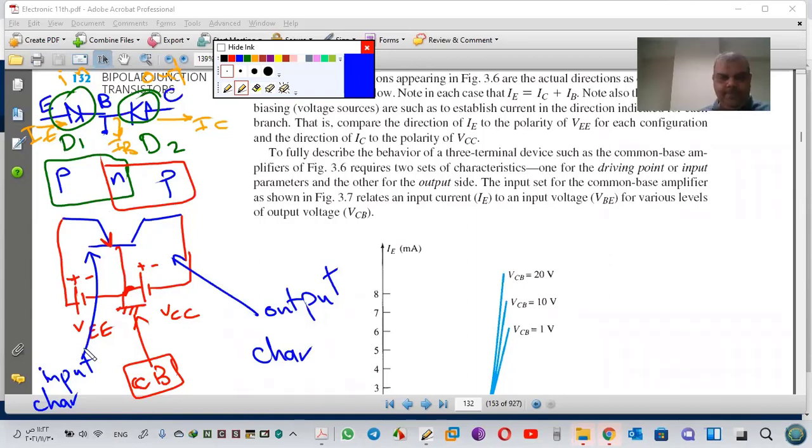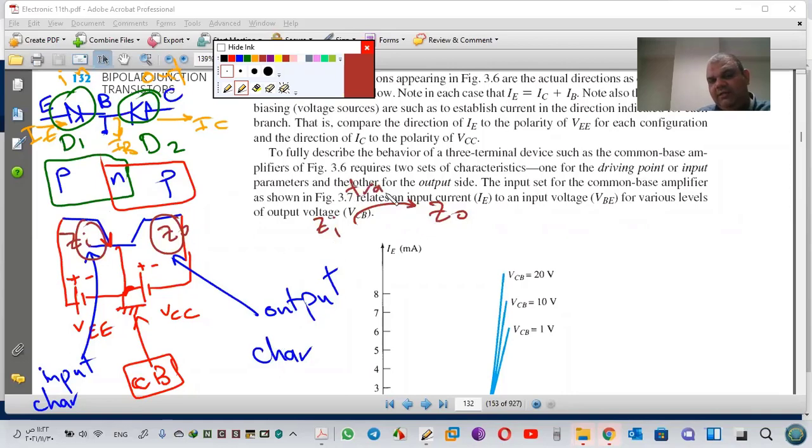Transistor means transfer impedance. Repeat: transistor, transfer resistance or impedance. That means I have here ZI, for the input, and here we have ZO. So I will change from ZI to another ZO. How can I change this one?